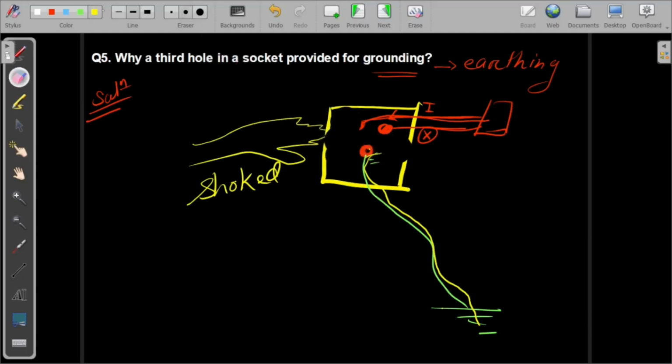Then if you touch it, you will not be shocked. Due to this purpose, the third hole is put in a socket. Understood? Let's proceed to the next one.